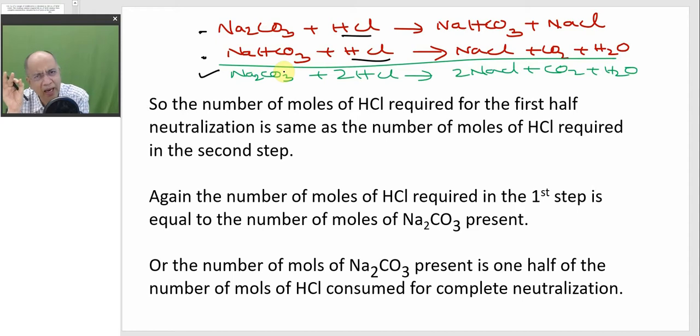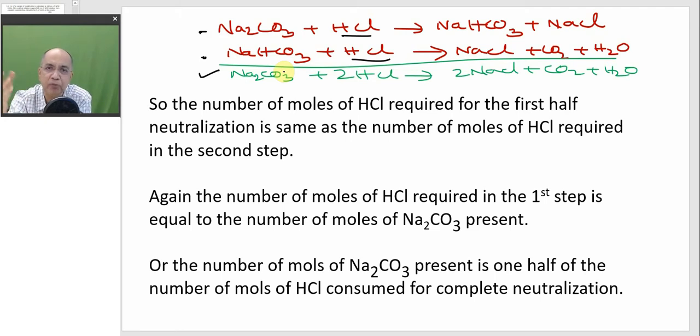If you are given only sodium carbonate as a reactant and you are asked to analyze how much of it is present, you need not bother. You just add phenolphthalein, go for the first step endpoint, and if that is X, then the number of moles of sodium carbonate is X; convert it to its mass. That's it. You need not go for the second step and add methyl orange to the same solution.